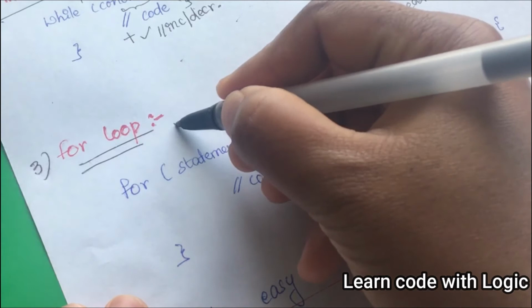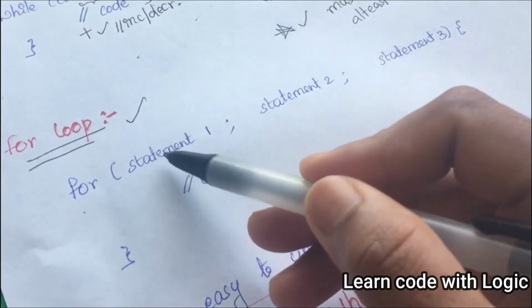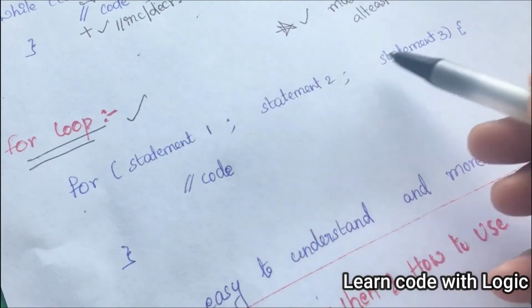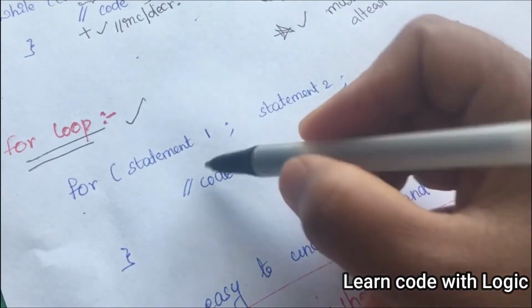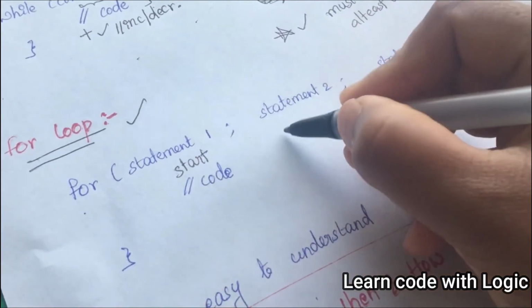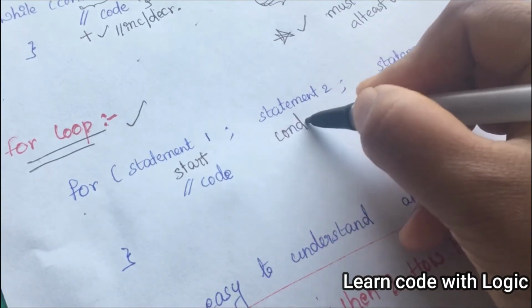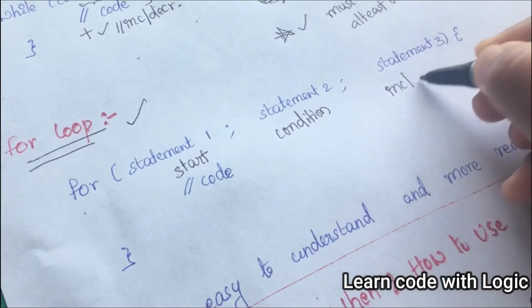Now the important one is the for loop. In the for loop the syntax is like this. We have to give three parameters. The first parameter is the starting point, the second one is the condition, and the third one is the increment or decrement.